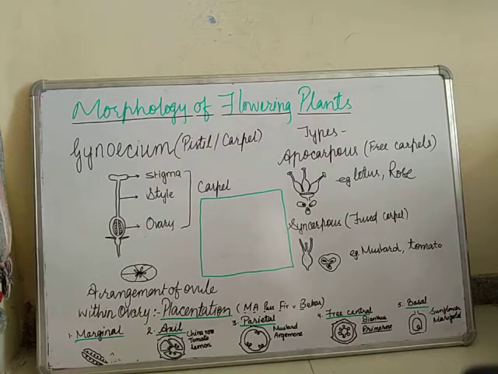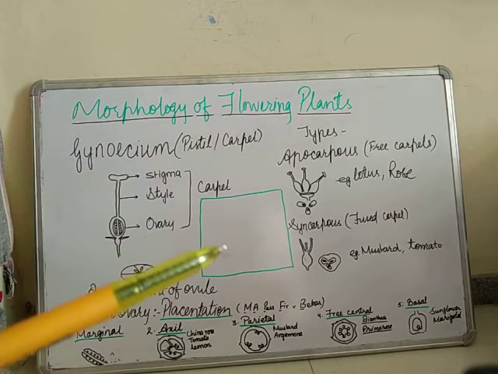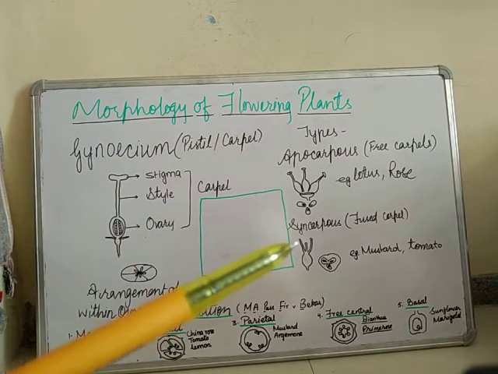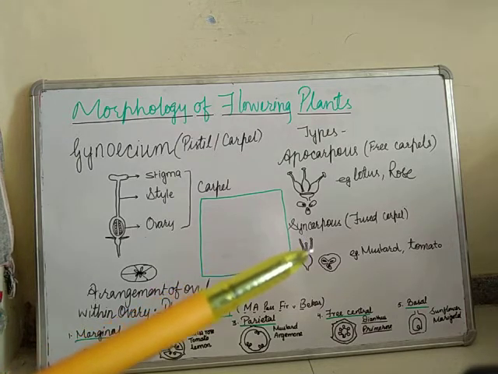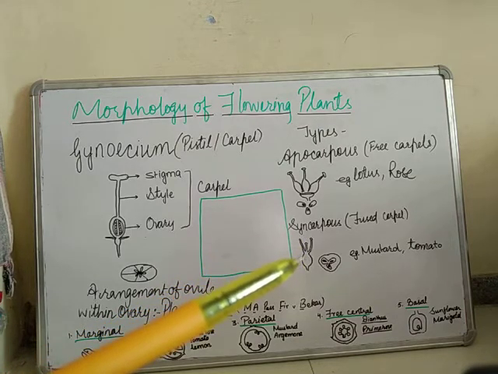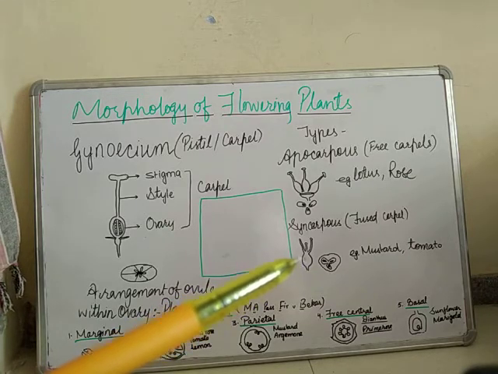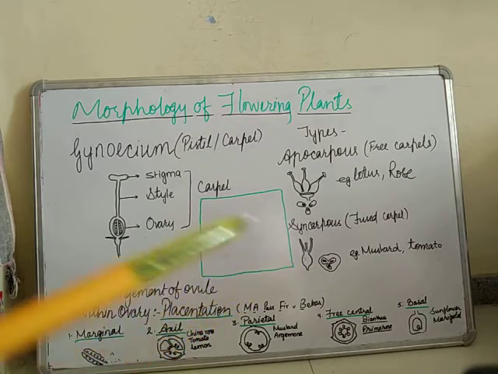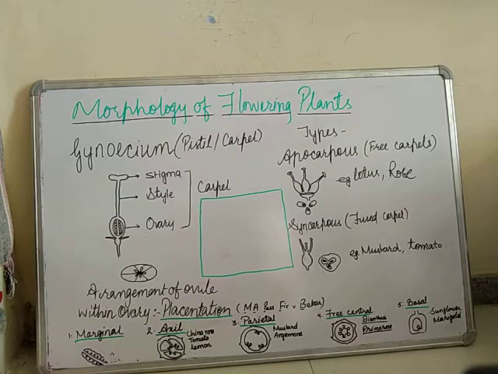It is found in lotus and rose. They are termed syncarpous when the carpels are fused. Here you can see three carpels fused at the base, so the type of gynoecium present is syncarpous. It is found in mustard and tomato plants.